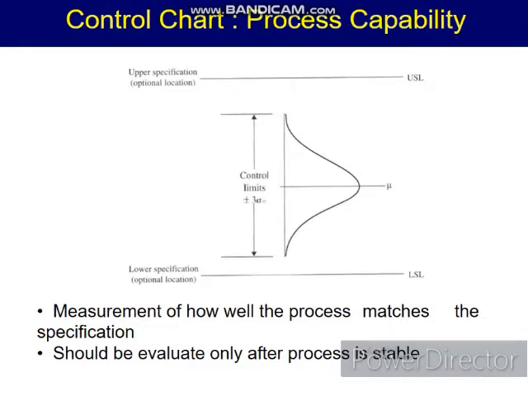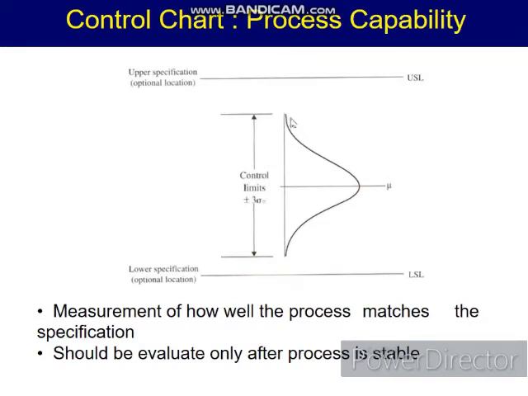As mentioned earlier, the second part of statistical process control is on the process capability analysis. Process capability analysis is basically a measurement of how well the process matches the specification.